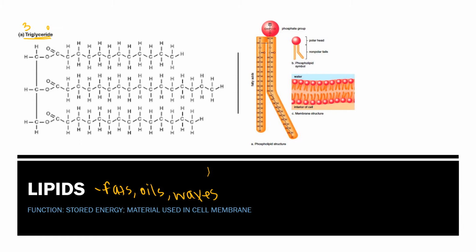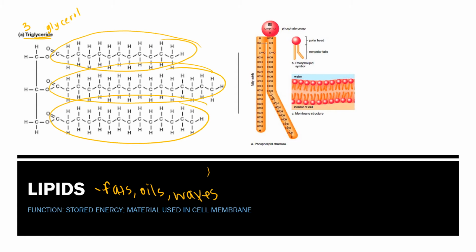This glyceride implies the glycerol molecule. Okay, so tri-3. What do we have 3 of? We have 1, 2, 3. These are called fatty acid chains. So a triglyceride is made up of 3 fatty acid chains and a glycerol molecule.